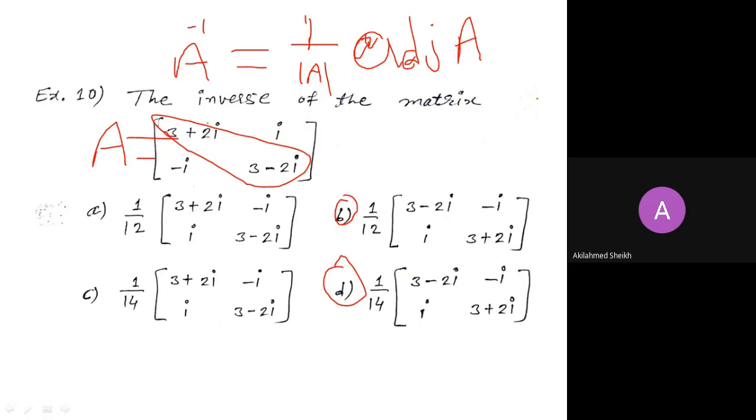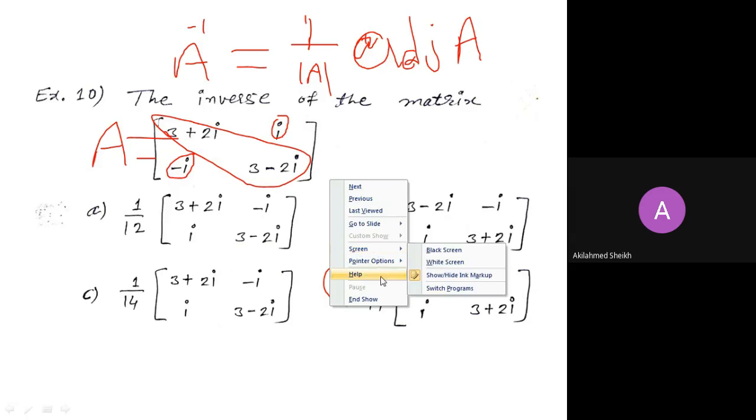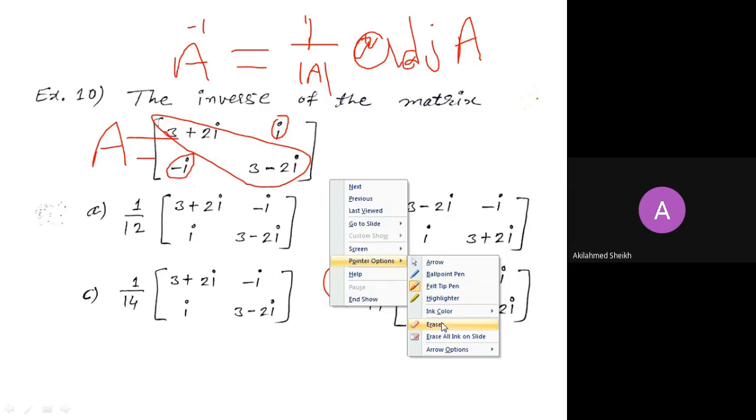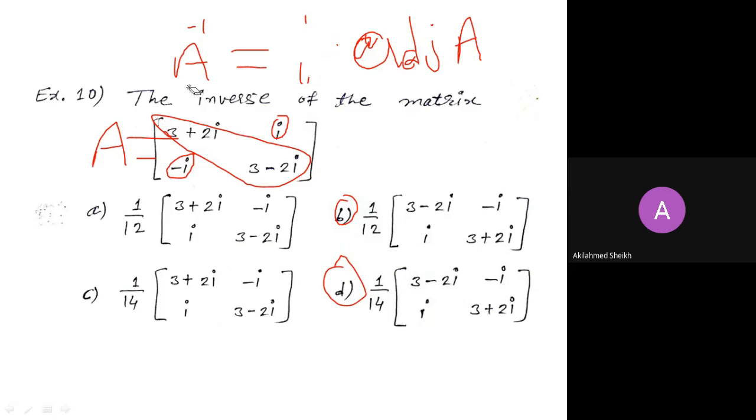Multiplying the remaining elements by minus 1, this becomes minus i, this becomes minus i. Now we have to check the value of the determinant of A, which may be either 12 or maybe 14. For that purpose, we have to find the determinant of A.